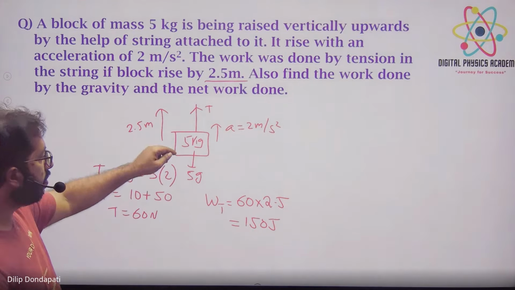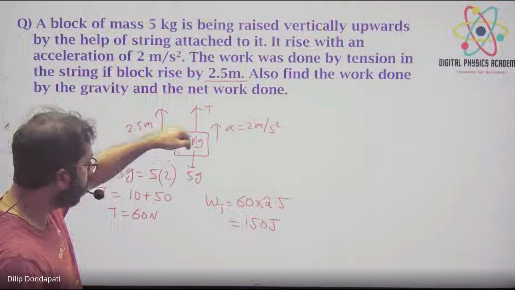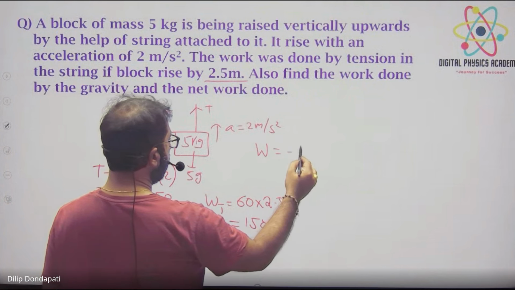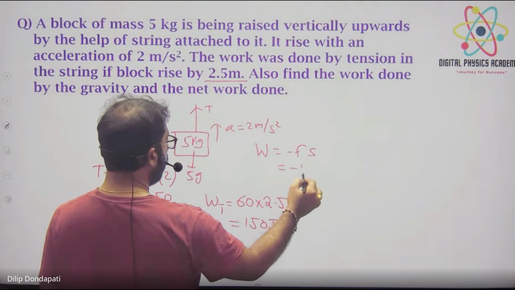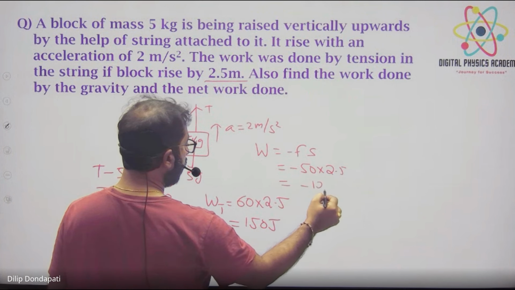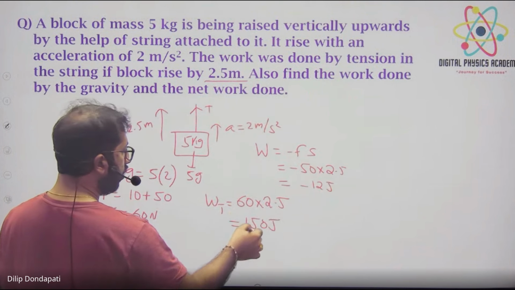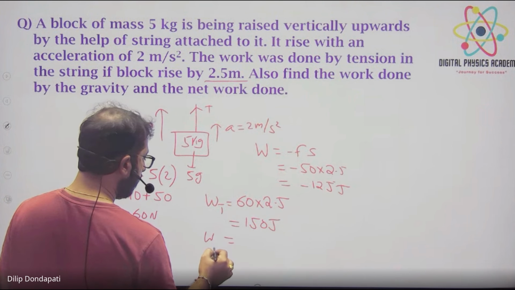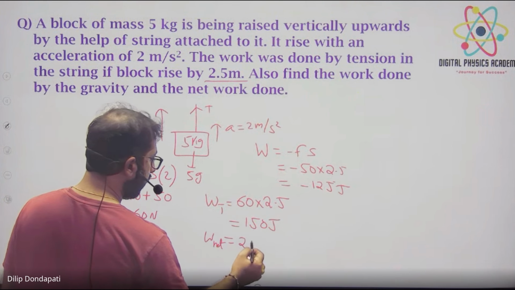Similarly, work done by gravitational force: force and displacement are in opposite directions, so it is minus Fs, minus 50 into 2.5, so minus 125 joules. Adding both, the net work done is 25 joules.